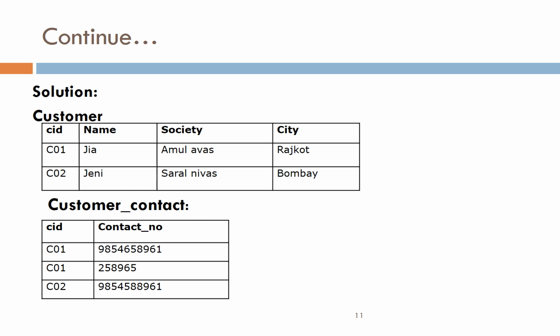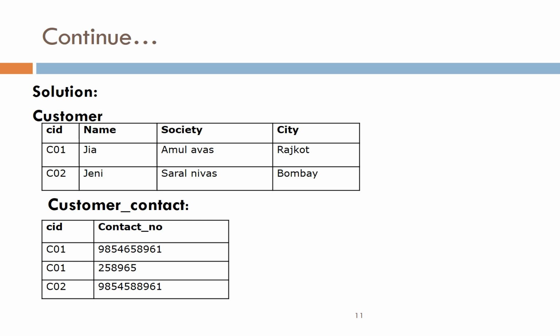Now for the multivalued attribute we are creating Customer_Contact, a new relation, with two columns, customer ID and contact number. By entering one customer ID more than one time, and entering different contact numbers in different cells, we can store multiple contact numbers of one customer, right?